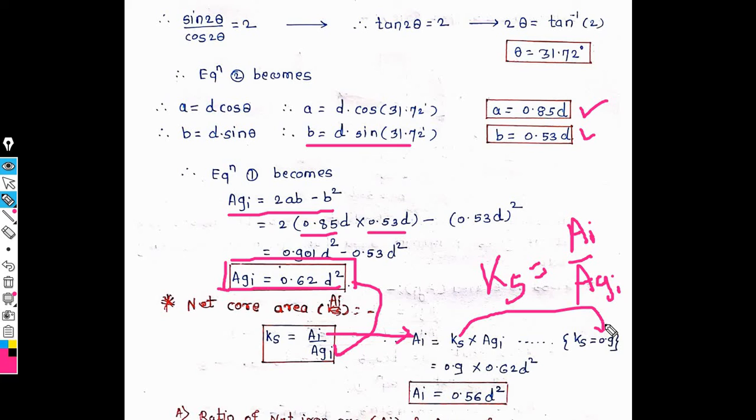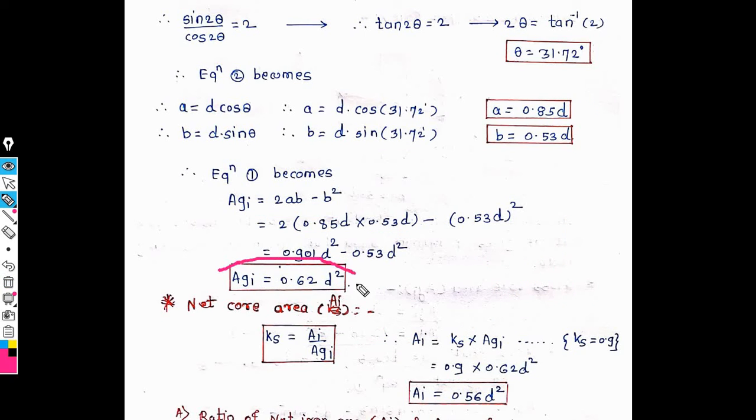Then put KS is equal to 0.9 into the value of AGI calculated.